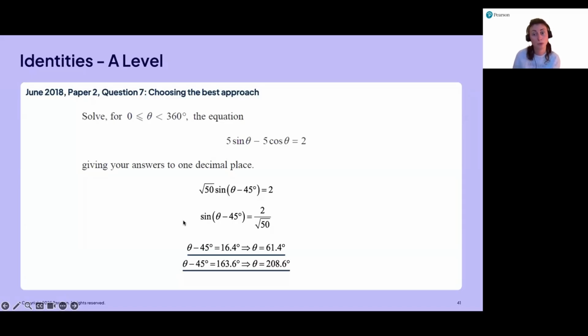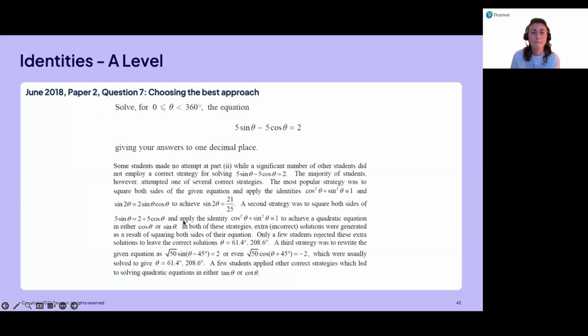So you can choose. It can always be done with either, unless they're telling you, no, we want this way. But it works both ways. The issue with squaring both sides that can occur is extra solutions. So I'll just read out a short bit from here.